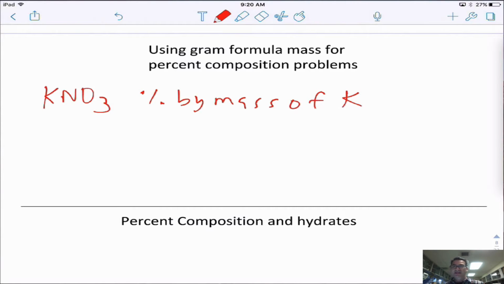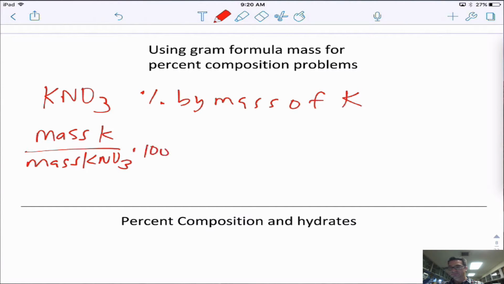And well, just like any other percent, it's always a part over a whole times 100. So we would do the mass of the part, the mass of K, over the mass of the entire compound KNO3 times 100. Well, now I can look up the mass of K. The mass of K is 39. The mass of the entire thing would be 39 plus nitrogen is 14 plus 3 oxygens is 48.